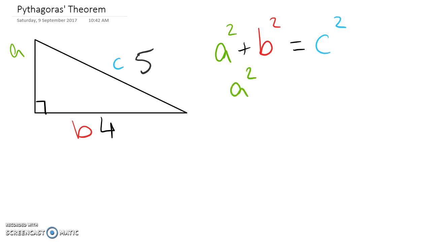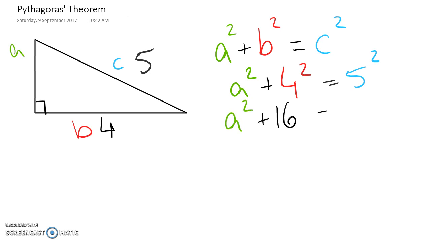A squared plus 4 squared equals 5 squared. So that's A squared plus 16 equals 25.